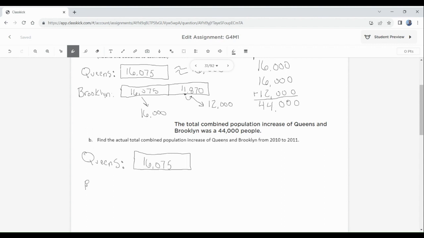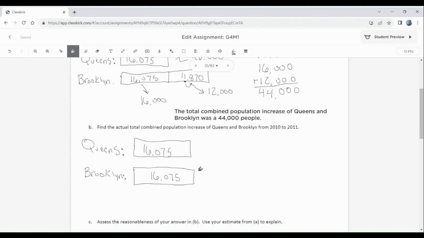Now Brooklyn's is not just the 11,870 people. It's that much more than Queens's. So they have the 16,075 people move in plus 11,870 more. So again, need to add these three numbers together.